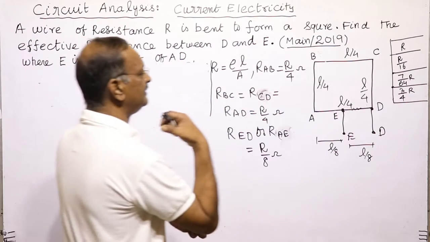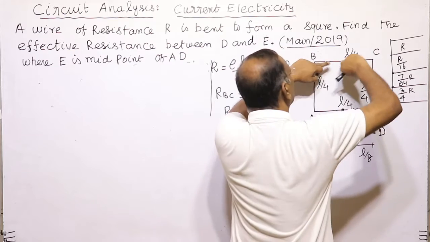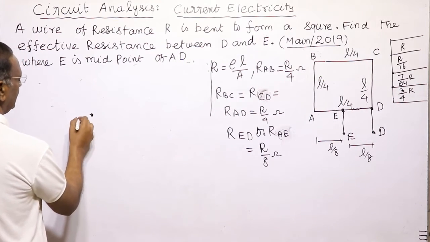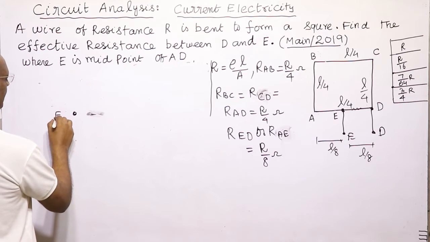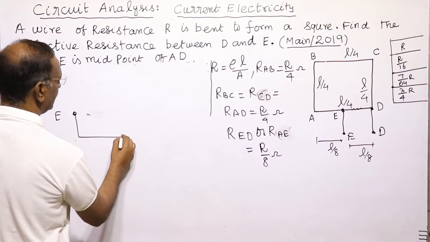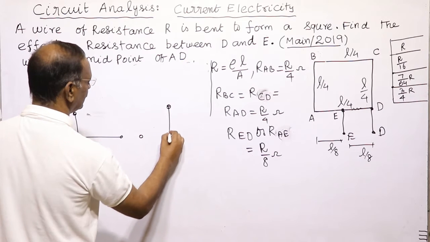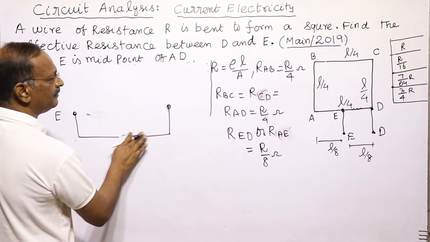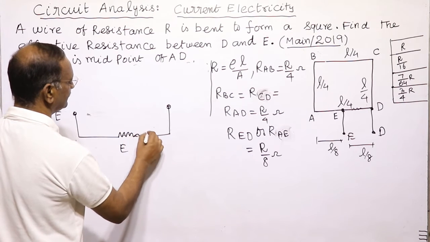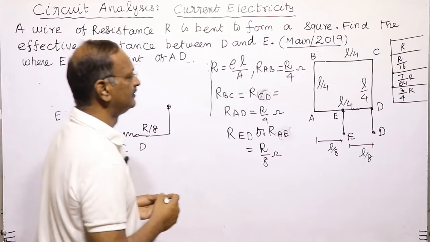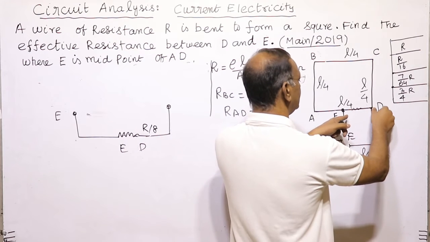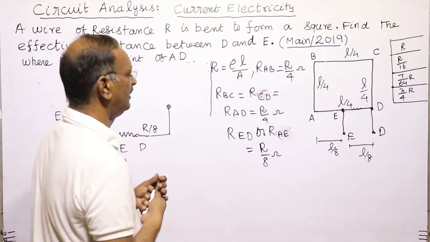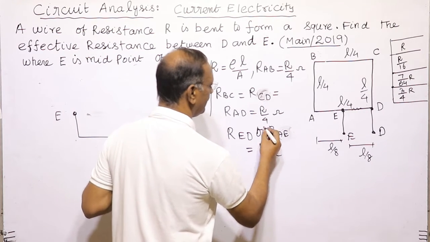Between E and D there is one more portion, A, B, C. Between E and D there is a resistor of R by 8, because this length is L by 4 and this length is L by 8, so RAE is equal to R by 8.